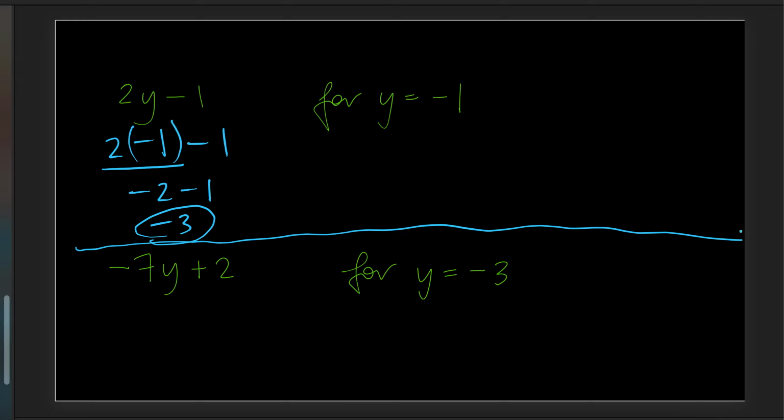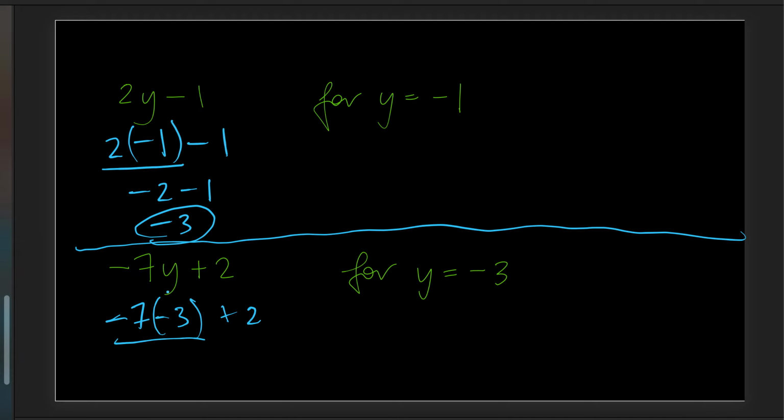So there's only 2 problems here on this slide, okay? So then we have negative 7y plus 2 for y equals negative 3. So I'm going to plug in negative 3 everywhere I see a y. It's only once in this problem, so then that means negative 7 times negative 3 plus 2. So I do this part first.